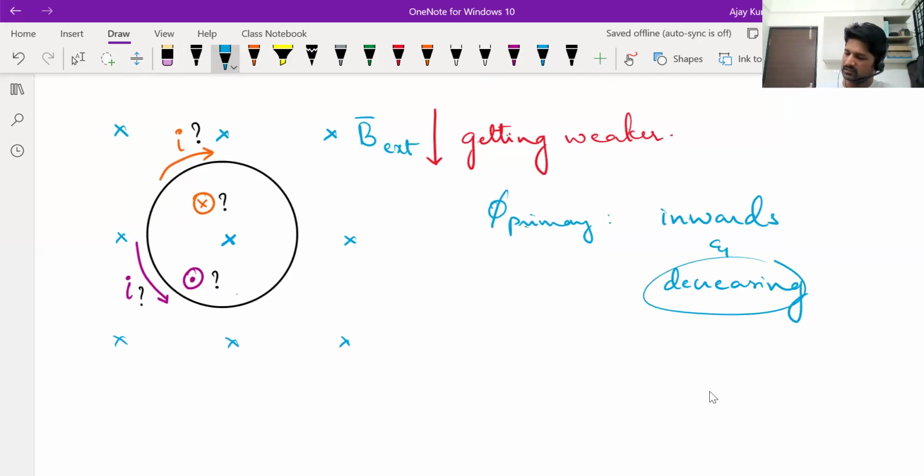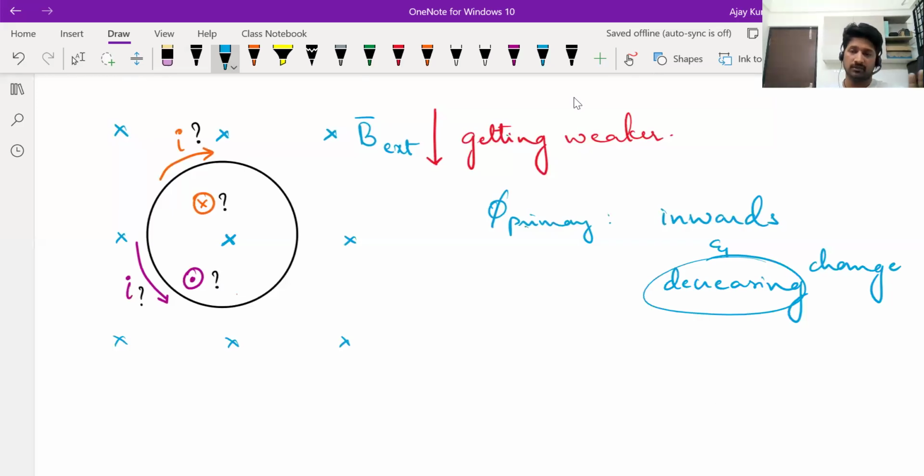Okay, this is the change actually. And Lenz found out that the induced EMF opposes the change in the primary flux. Okay, so primary flux is inwards, but it is decreasing. What should the induced EMF do? Should it support the primary flux or should it decrease it further by opposing it?